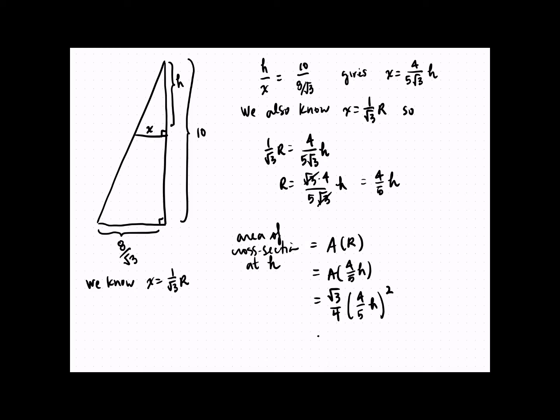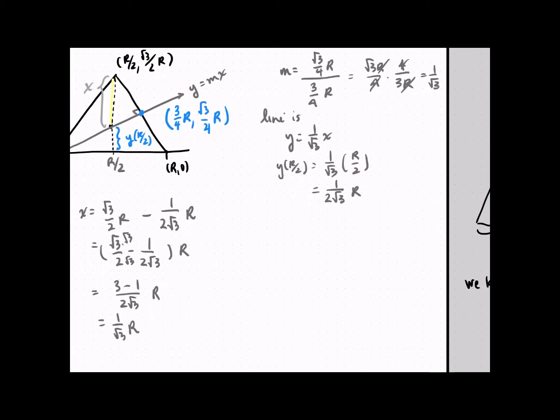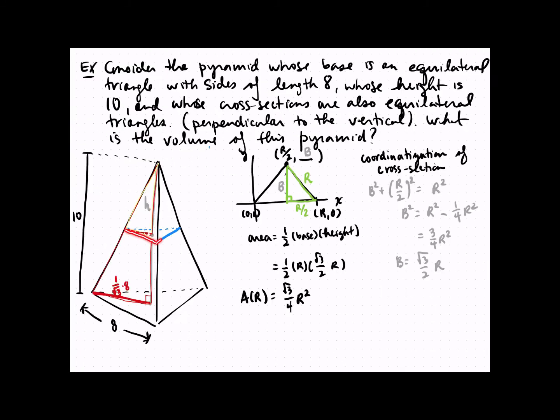So simplifying this, I believe I get 4 root 3 over 5 squared times h squared. So there we go. We're almost there. Let's just review what I did. I found a formula for the area of the slice I get when I take a cross-sectional slice h units down from the top of my pyramid.